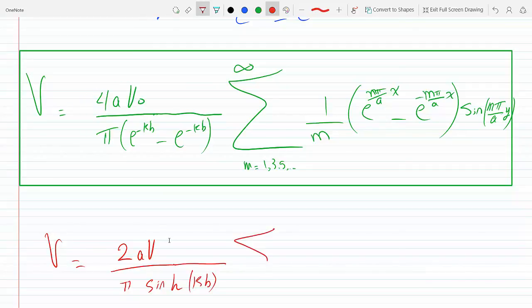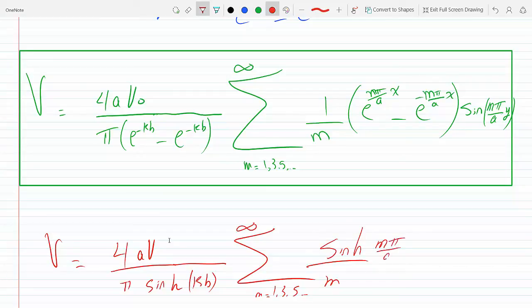And then inside here you get m equal 1, 3, 5, etc. to infinity 1 over m, and this is also a 2 over 2, so this goes back to 4, yeah, because this is 2, so this goes back to 4, and you get here sine hyperbolic m pi over a x, yeah, times sine m pi over a y.